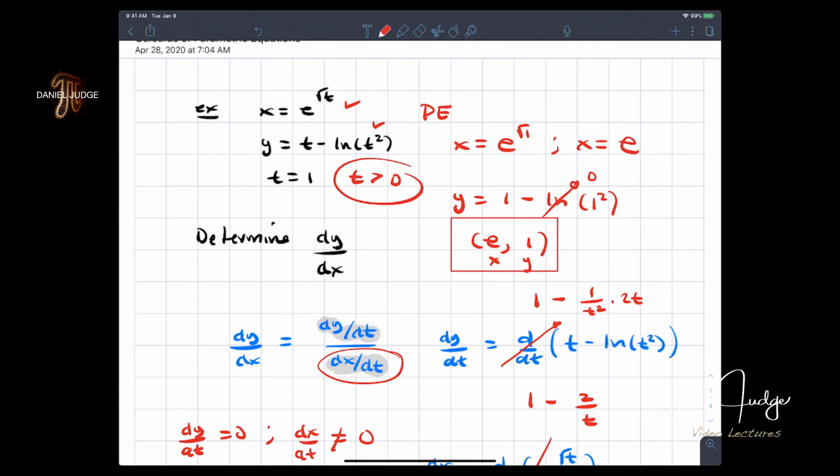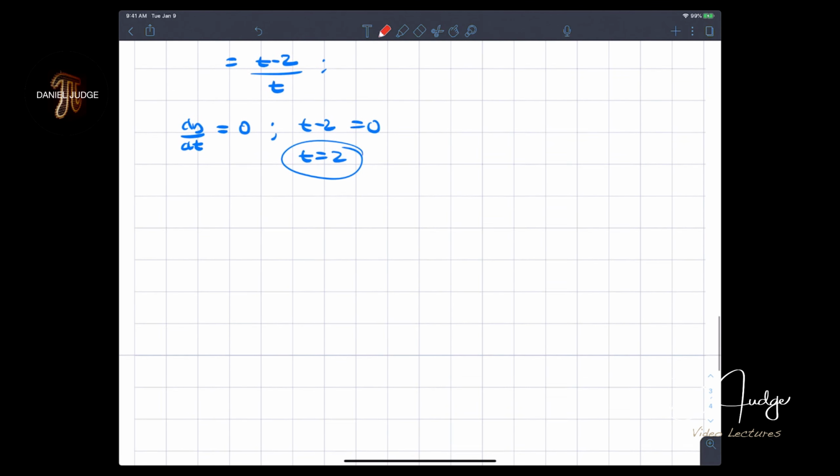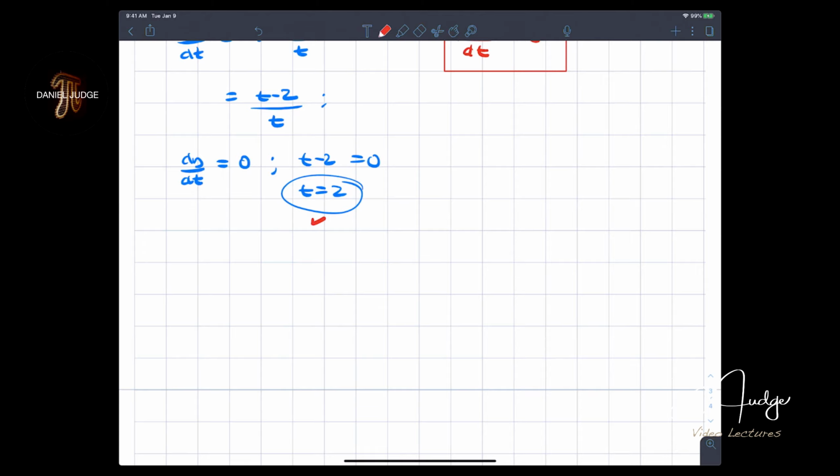It has to satisfy both the x coordinate and the y coordinate, meaning it has to be defined on the curve. So t has to be greater than 0, not greater than or equal to, because the natural log won't be defined. So the horizontal tangent when t is 2 is legitimate because t has to be strictly positive.